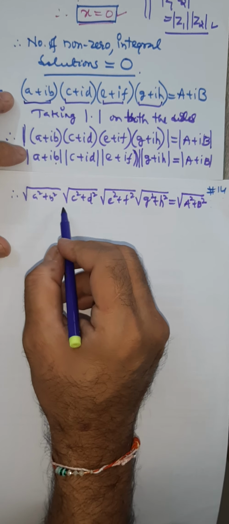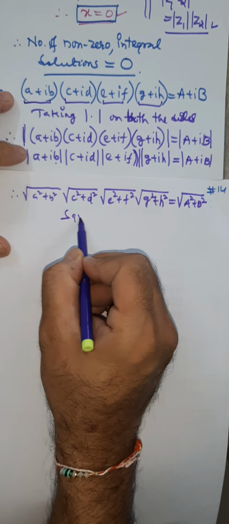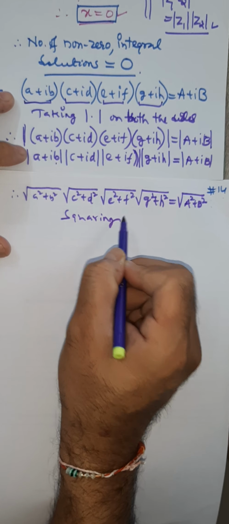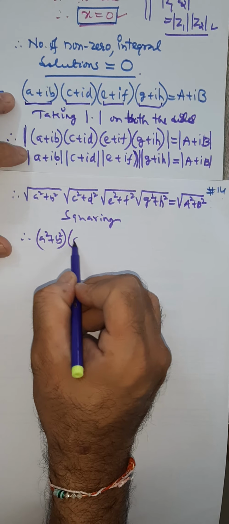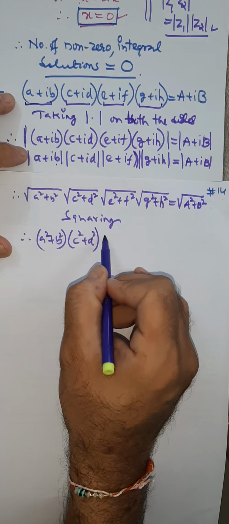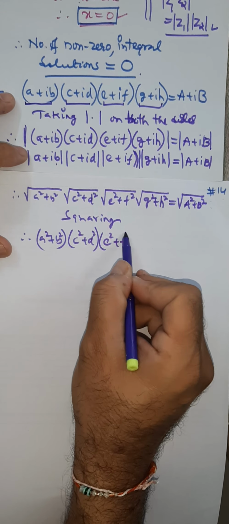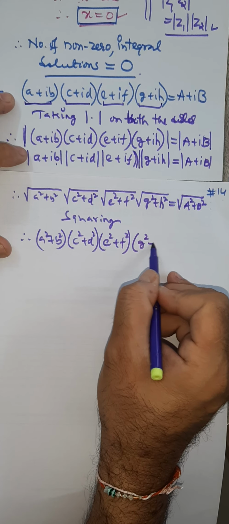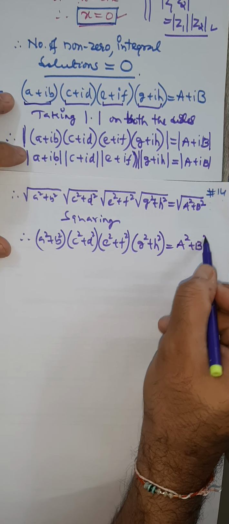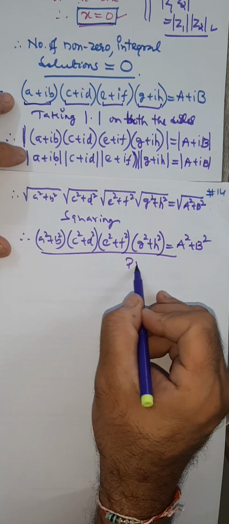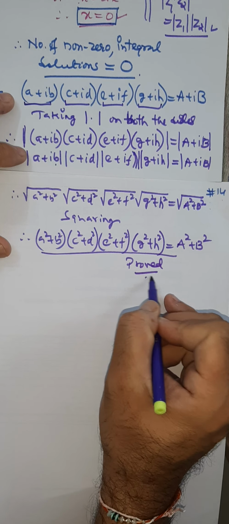And now for the required expression, just square both sides. So a square plus b square into c square plus d square, into e square plus f square, into g square plus h square equals a square plus b square. Proved. That's what you want.